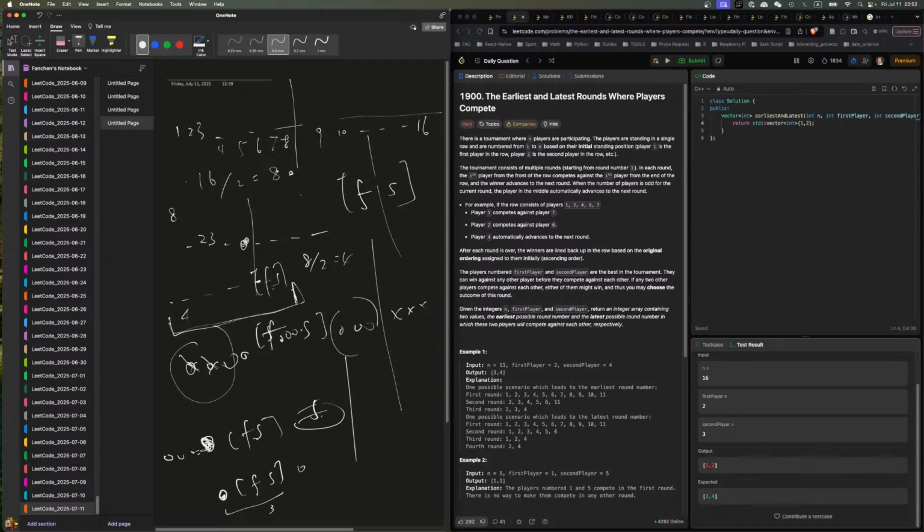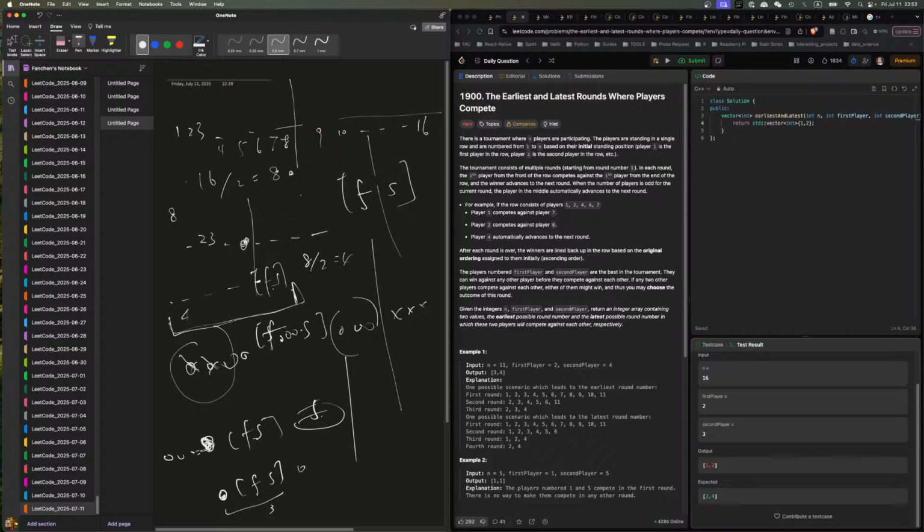So again, at the beginning, if the 2 is on one side, we'll try to see if after divide by 2 the 2 still remain on one side.